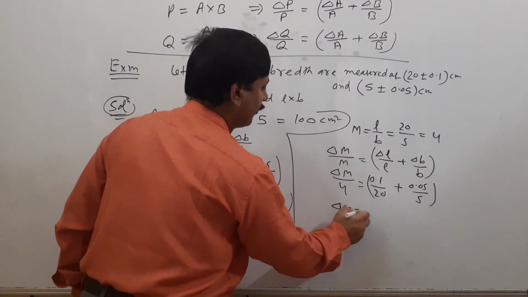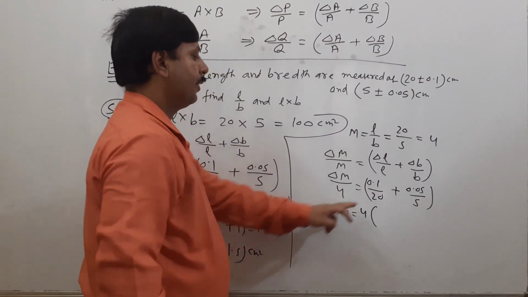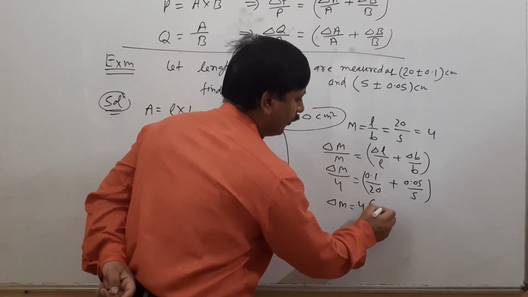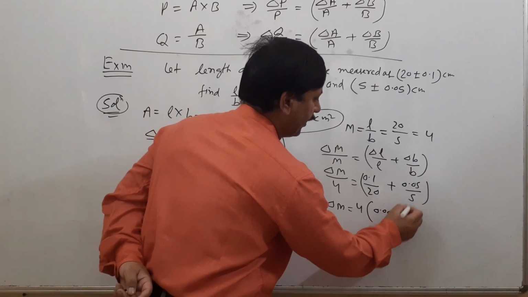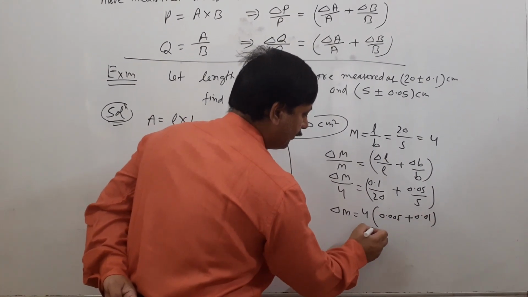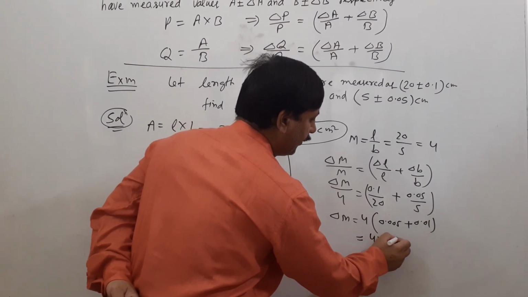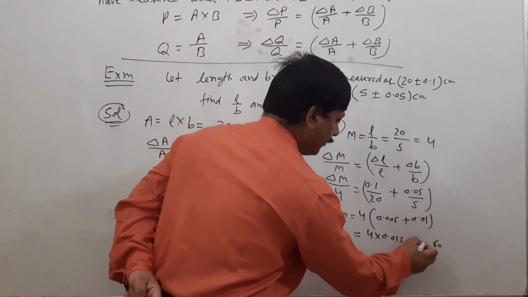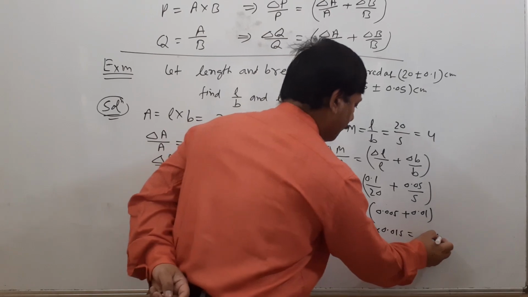So del M is equal to what? 4, if you divide it, it will come 0.005 plus 0.01. That will come 4 into 0.015, multiplied by 4 to 0.060.